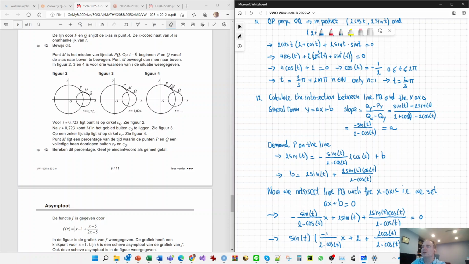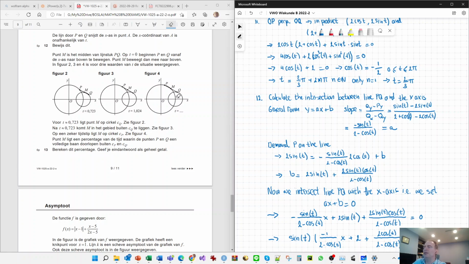So M is moving around here. But what you can see is that the first part of its path will be symmetric to the second part. So we can just look at the upper part here, so t from 0 to pi.